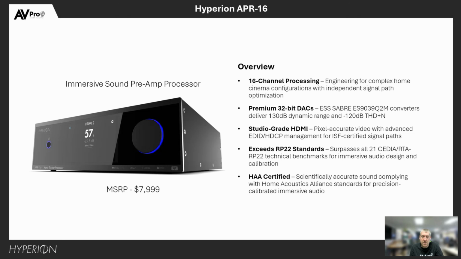It exceeds RP 22 standards set forth by CEDIA with the RTA RP 22 technical benchmarks. And we are also Home Acoustics Alliance certified, which means that we are producing sound that is scientifically accurate. So we're adhering to all of these tight restrictions and standards and making sure that this thing is as high performance as it can be.